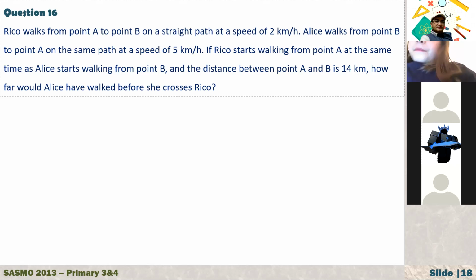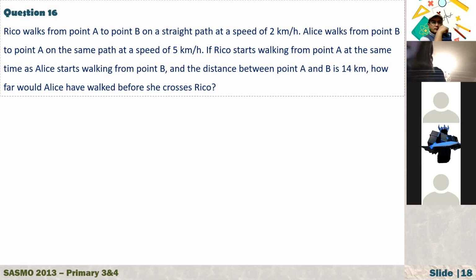Nazlı, can you read the question? Yeah, I can, sure. Rika walks from point A to point B on a straight path at the speed of 2 kilometers per hour. Alice walks from point B to point A on the same path at a speed of 5 kilometers per hour.